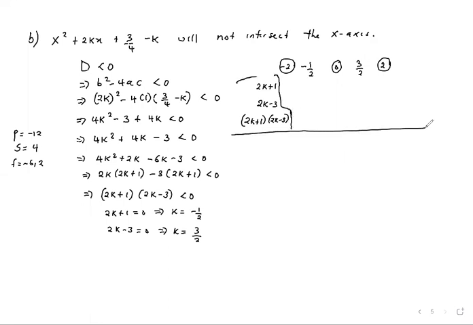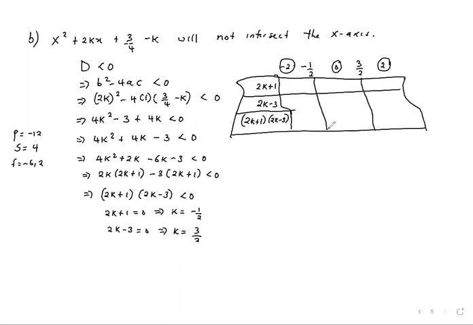So we have it here. Negative 2 where there's k, this will be negative, this will be negative, giving us positive.